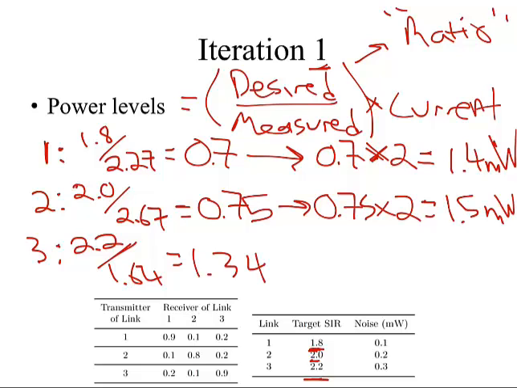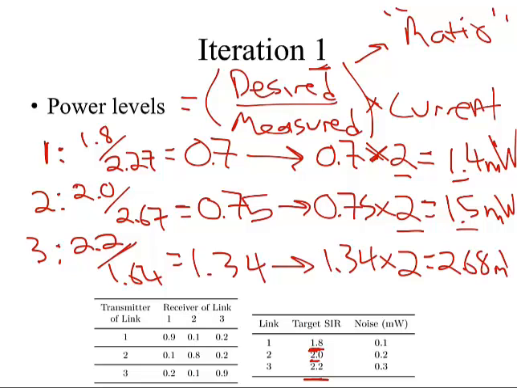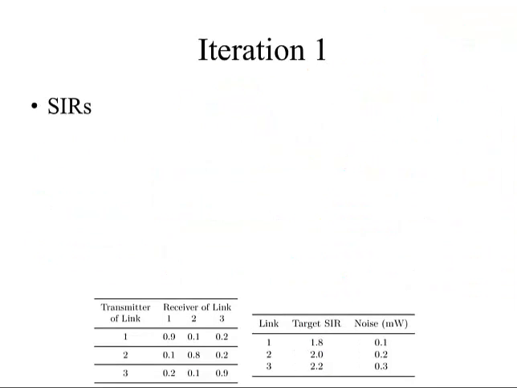So you see these are cut back from 2 accordingly. And for this one, we are going to get 1.34 times 2, which is 2.68 milliwatts, respectively. So that's how we update the power levels. And now, with that new information, we can go back and we can recompute the SIRs.